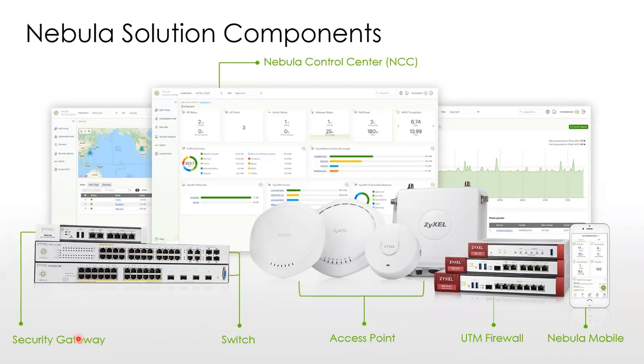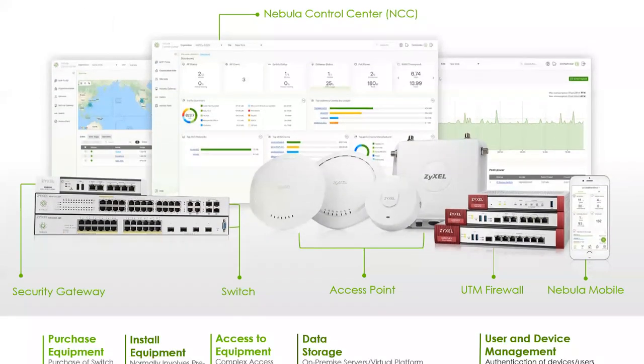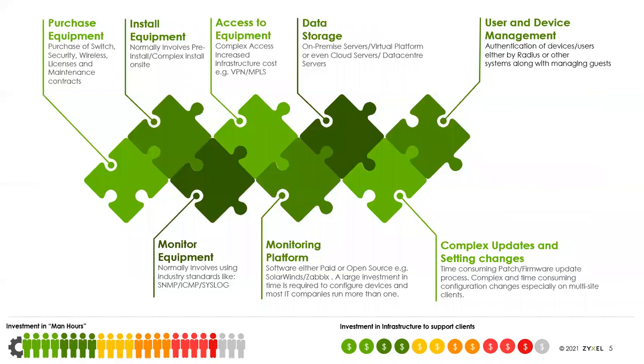We also have the Nebula mobile app. It's primarily designed just to let you keep an eye on things mobile-wise. If you're looking at doing full configuration, we have optimized the Nebula web interface to work great on tablet web browsers.